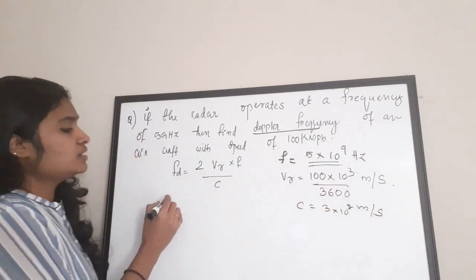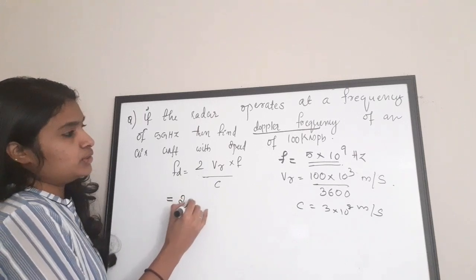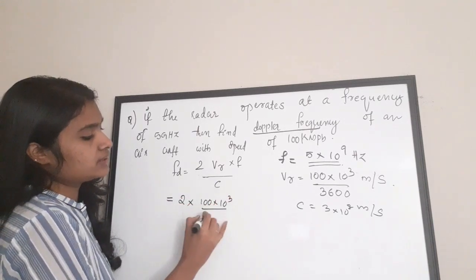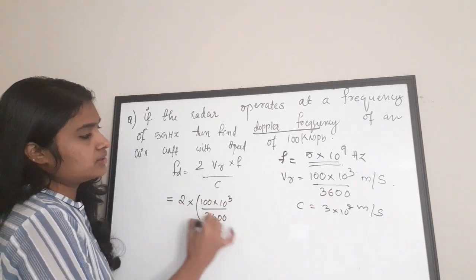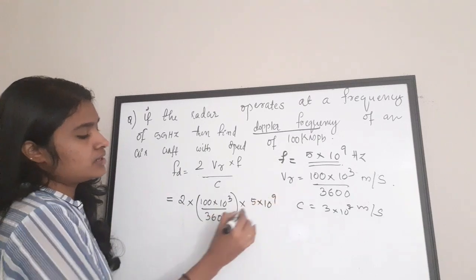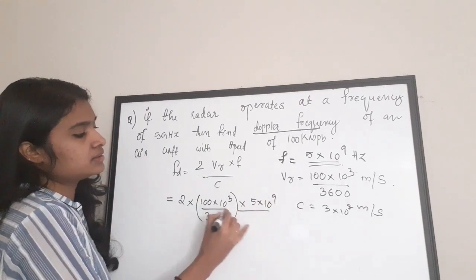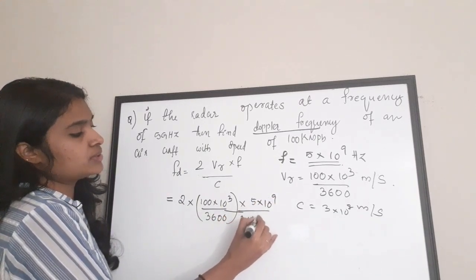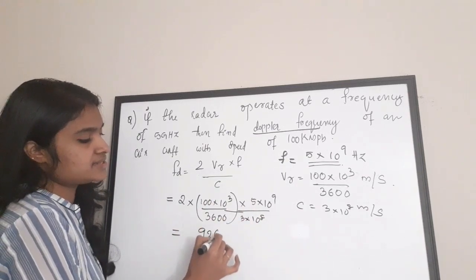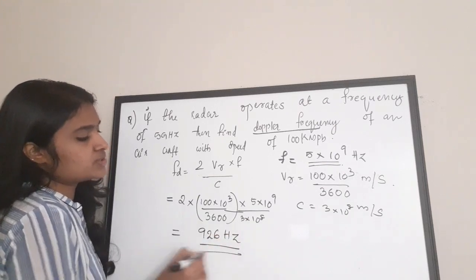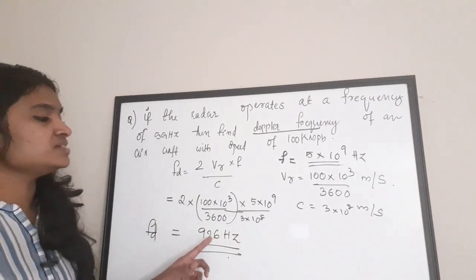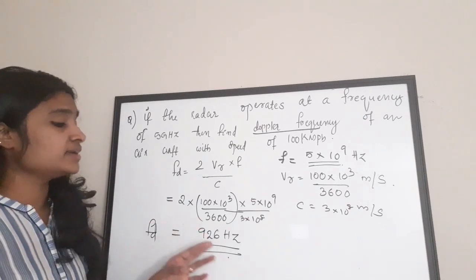Let us substitute and find the result: 2 × (100 × 10^3 / 3600) × 5 × 10^9 / (3 × 10^8). If you solve this, you will get 926 Hz. So the Doppler frequency Fd = 926 Hz is the correct answer for this question.